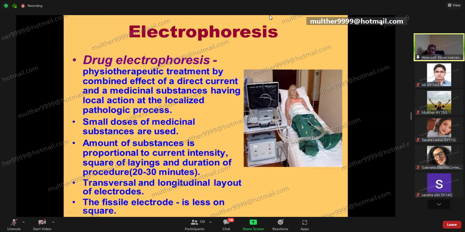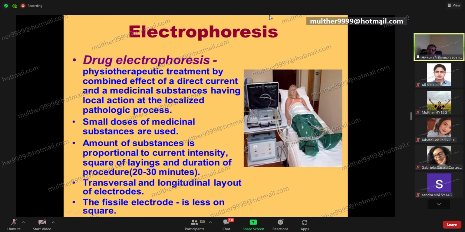Drug electrophoresis. Next procedure, which we'll discuss now, is a combination. It's therapeutic treatment which combines the effect of direct current and medicinal substances introduction.